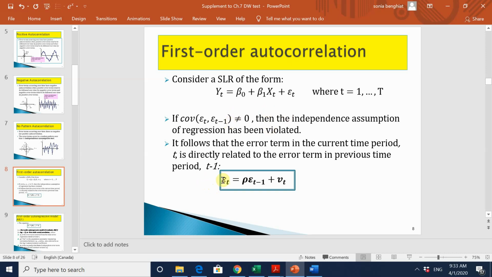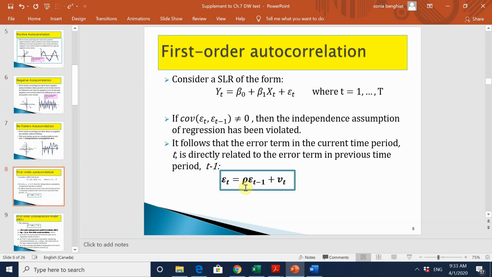In other words, we want the error term here to be expressed as what it really should be, and that is that it depends on the previous error term. So E of t is in fact a function of E of t minus 1. And here we want to express E of t as a linear function of E of t minus 1. So we get this equation right here.